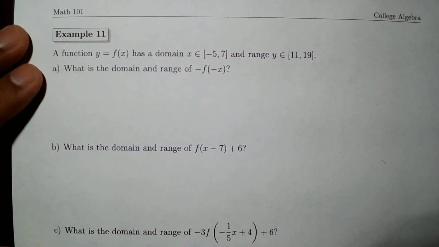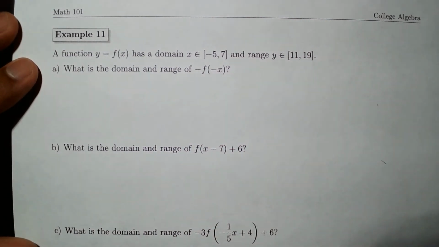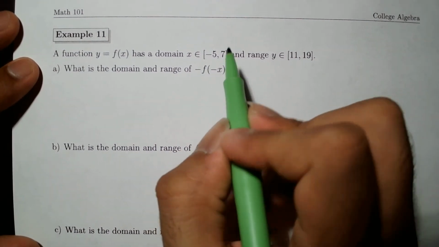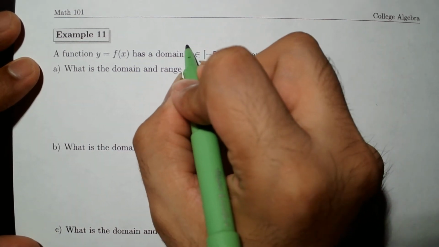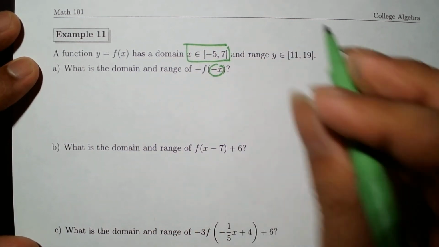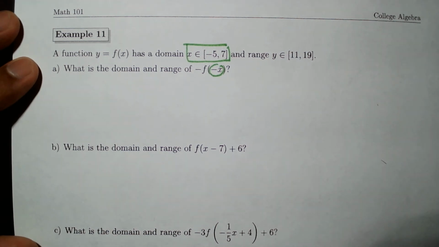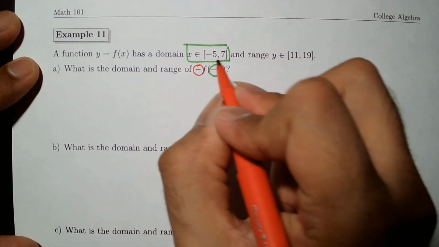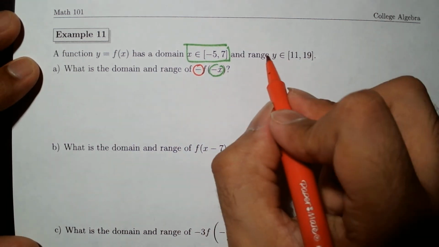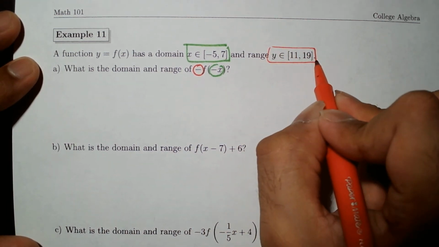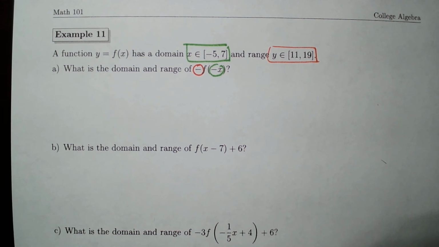Interesting. Okay, keep in mind that whatever we see on the inside of the parentheses has to do with the x's. Whatever we see outside, either multiplying f or adding a number outside, has to do with the y's strictly. All right?